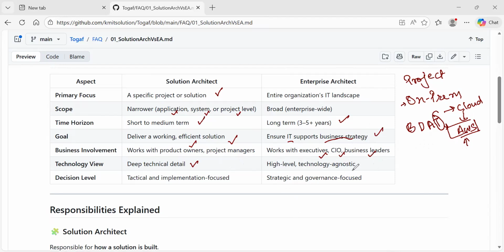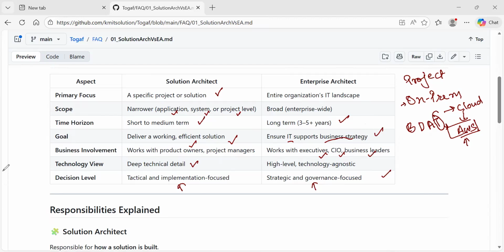So high level and technology agnostic. Decision level. The solution architect's is more of an implementation or tactical point of view, whereas the enterprise architect's is more a strategic and governance point of view. So these are the main differences between the solution architect and the enterprise architect.